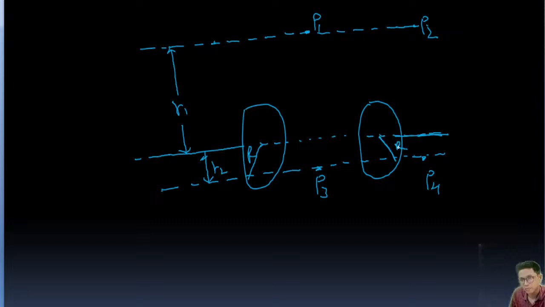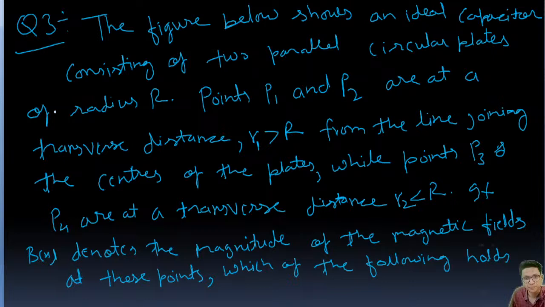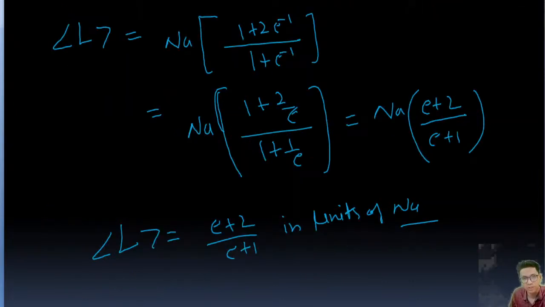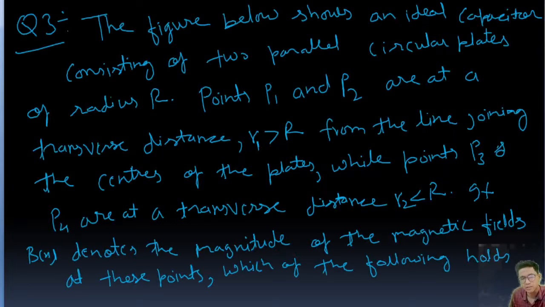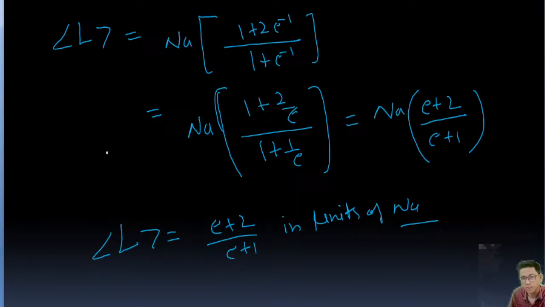Points P1 and P2 are at the transverse distance R1, which is greater than R, from the line joining the centers of the plates, while the points P3 and P4 are at transverse distance R2, which is less than R.